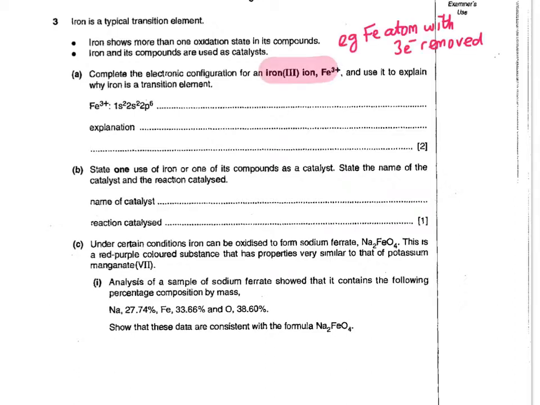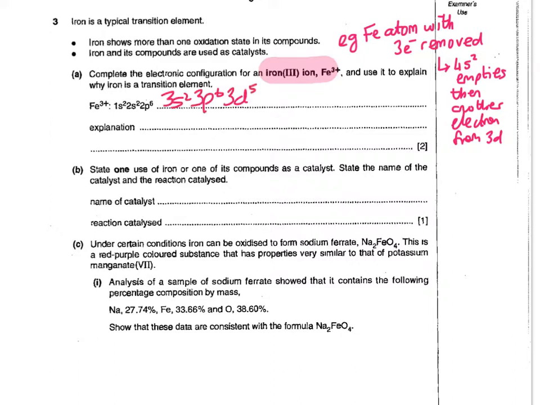So that's essentially an iron atom with 3 electrons removed. So essentially what you've got to do is empty the 4s2 orbital, and then another electron from 3d can be removed. So that gives us 1s2, 2s2, 2p6, 3s2, 3p6, 3d5.